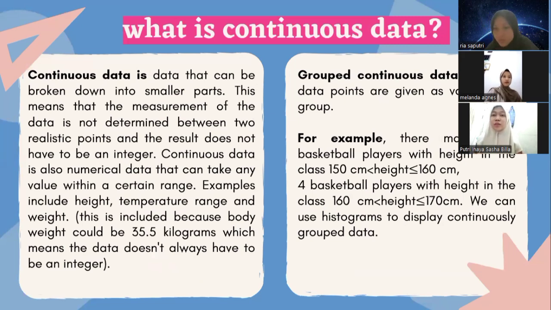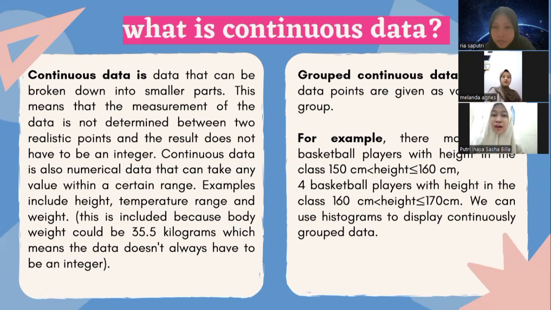Next is, what is continuous data? Continuous data is data that can be broken down into smaller parts. This means that the measurement of the data is not determined between two realistic points and it is numerical data that can take any value within a certain range.